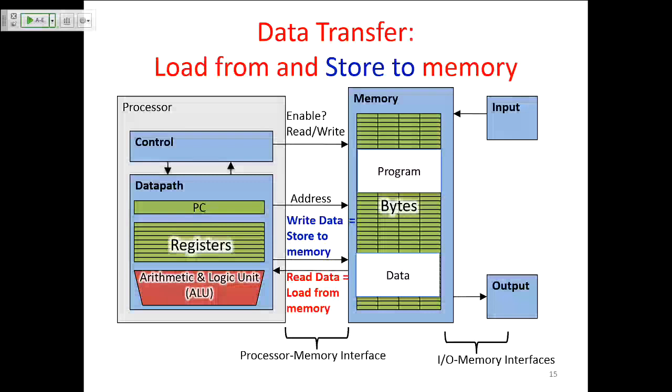That's what we're going to use the load and store commands in MIPS for. Store means store to memory from the processor, not store to the processor from the memory. Load is load from the memory to the processor. It's the word I want to work on, and once I'm done working on it, I'm going to store it back to memory. So just get these concepts, because we're going to use them a lot.